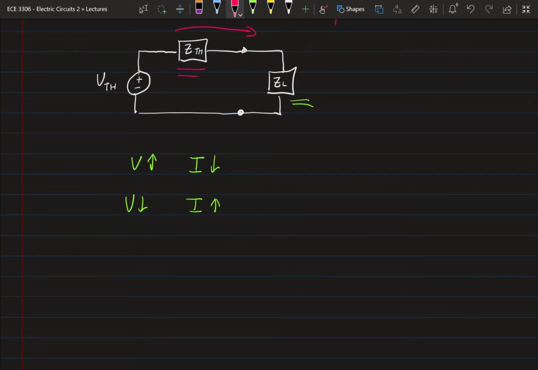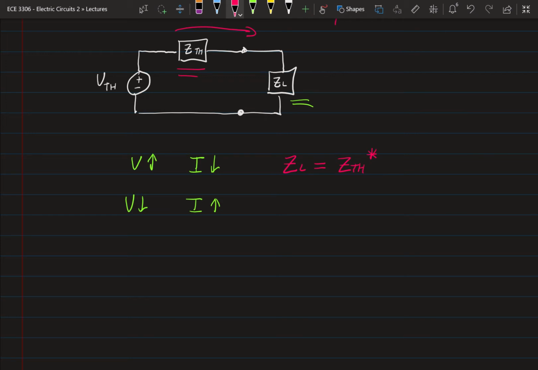And it turns out it's pretty easy. The relationship there is that ZL should be the complex conjugate of ZTH, or our Thevenin impedance.